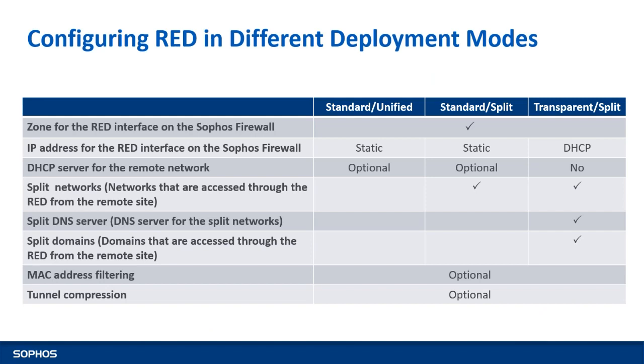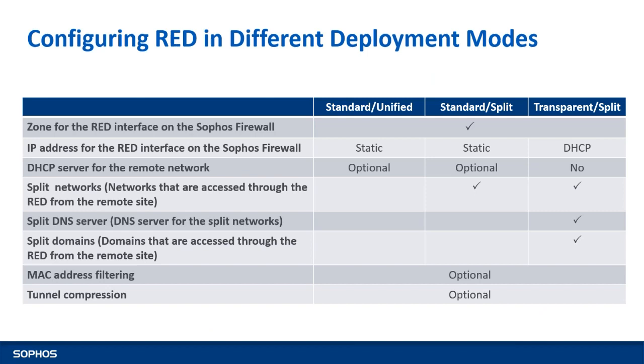Where it differs is that for a standard split, you need to define for which network traffic will be routed through the RED tunnel, and all other traffic will be routed to the local internet gateway. The transparent mode is very different.